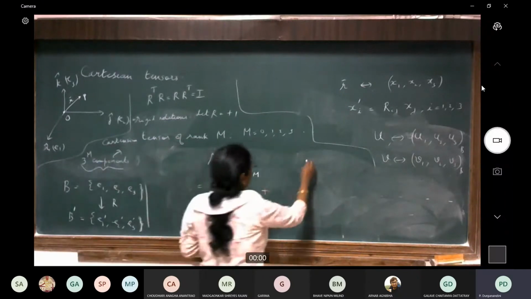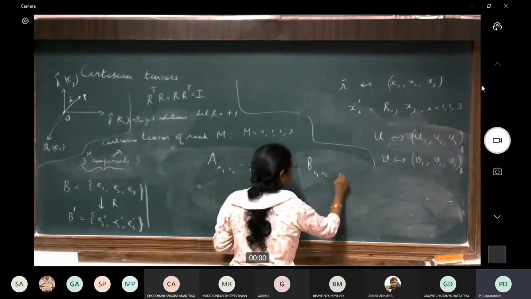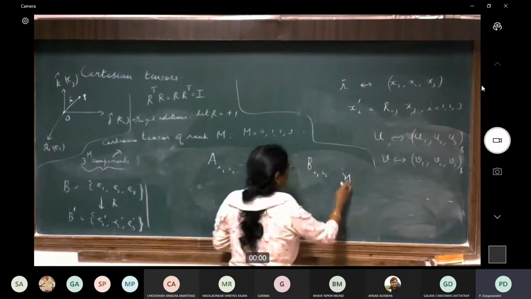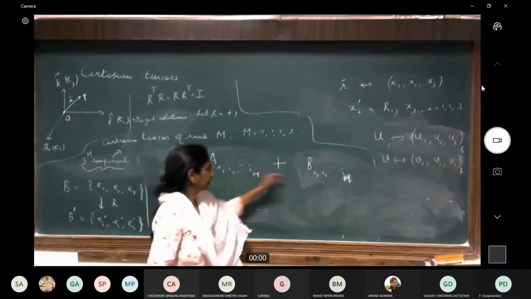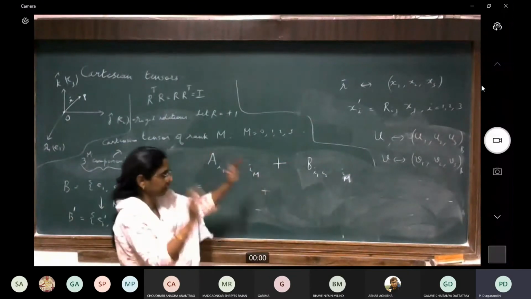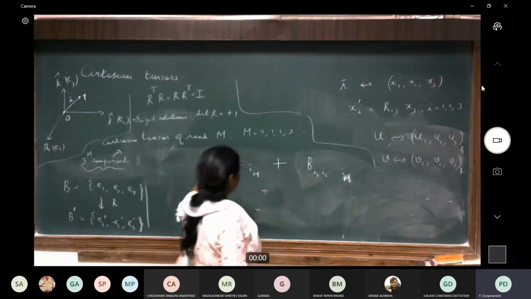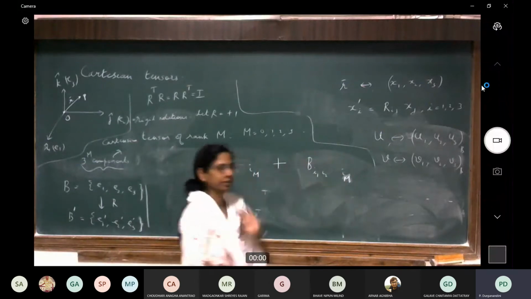And let us say that I have another tensor B which is also a tensor of rank m. Now I can define the algebraic addition. I am basically taking the i1, i2, up to im component of A and adding that to the i1, i2, up to im component of B.